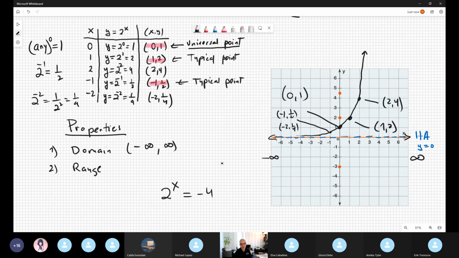This is impossible because the exponential always gives a positive number. This is a contradiction, so this equation has no solution. Keep in mind this: the range is only from 0 to positive infinity, but not including 0, because it's asymptotic and never touches it.